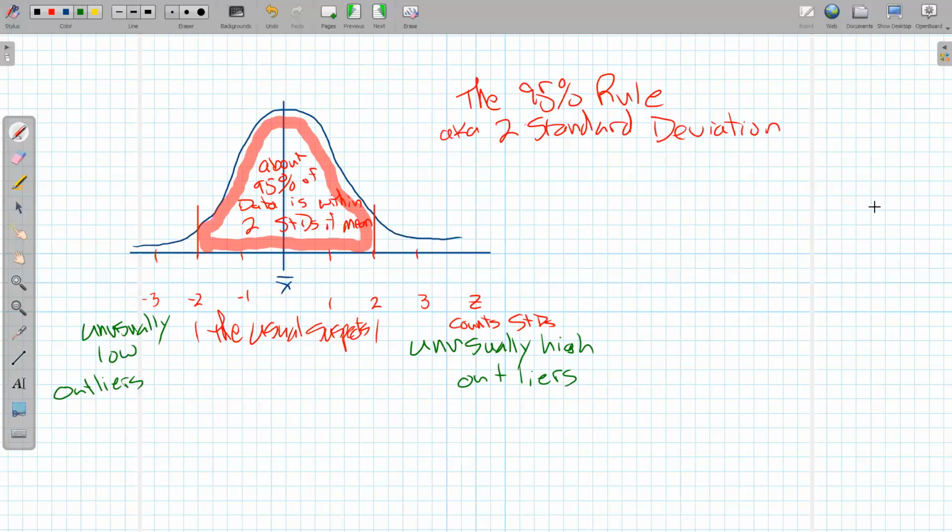Think about 95% in the middle. If the distribution of numbers is symmetric like this, then that means the tails split the 5%. So if we cut 5% in half, that would mean that about 2.5% live in this tail. Oops, wrong tail.